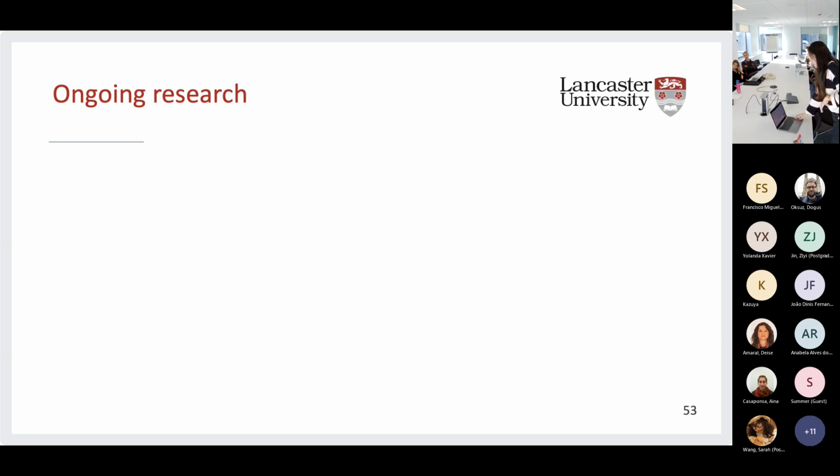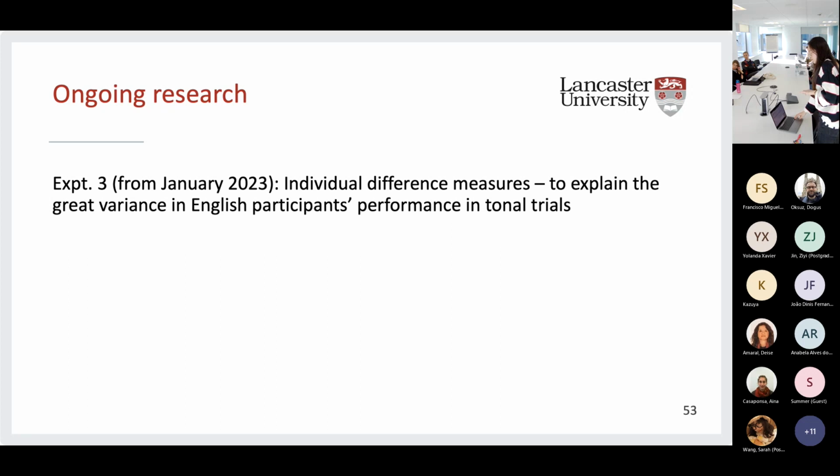And we have several ongoing experiments. In my experiment 3, which will hopefully start soon, I'm going to look at individual differences. What we found here is that overall English learners were not so good at discriminating the tonal minimal pairs. But some people did really well.